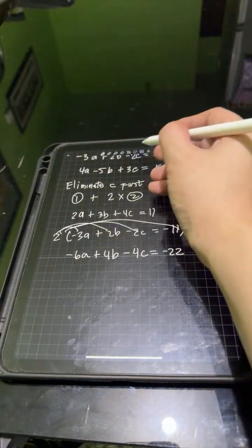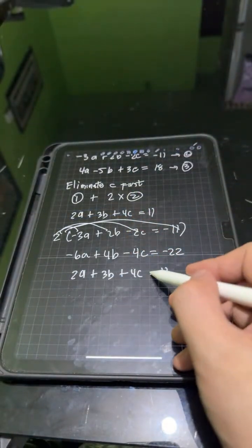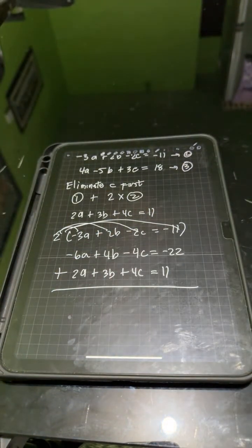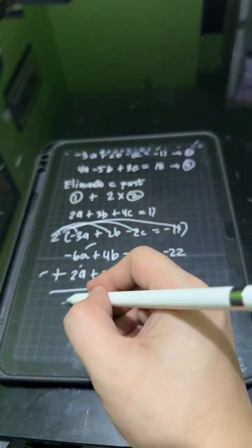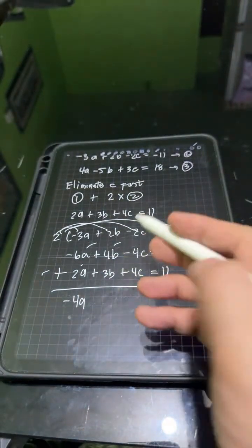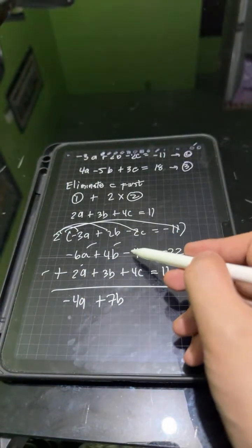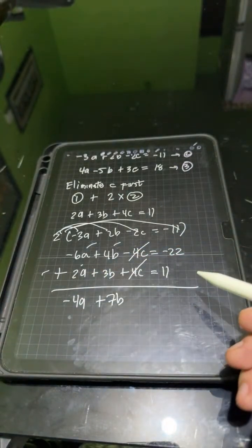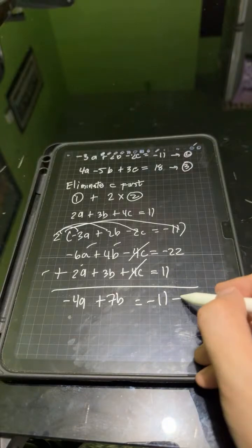Now add equation 1. Negative 6a plus 2a is negative 4a, 4b plus 3b is 7b, the negative 4c plus 4c is 0, they cancel, and negative 22 plus 11 is negative 11. Let's name this equation 4.